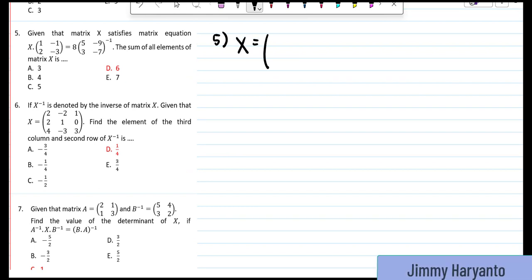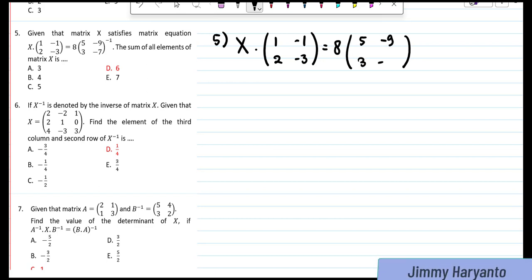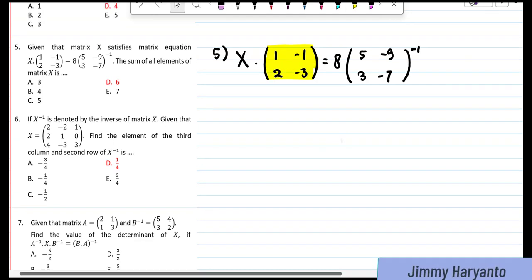For number 5, the question wants you to find the x. So x equals to, let me write down the question first. 1, negative 1, 2, and negative 3 equals to 8 times the inverse of 5, negative 9, 3, negative 7. Okay, for this one, because you want to find the matrix of x, that means you have to move this matrix to the right hand side.